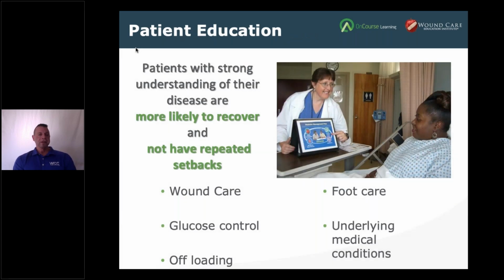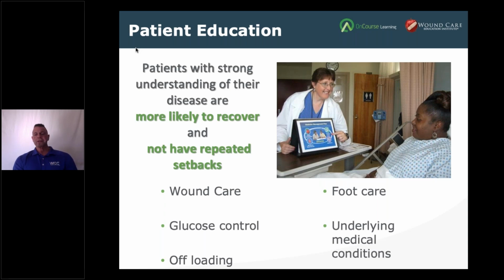And then lastly is patient education. Patients with a strong understanding of their disease are more likely to recover and not have repeated setbacks. So do a thorough job of educating your patients on the importance of their wound care, of controlling their blood sugars, of offloading, wearing that offloading device, and being adherent.